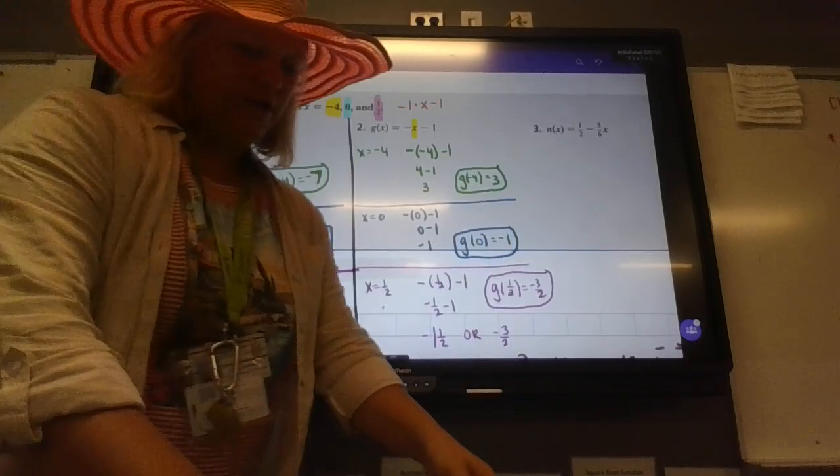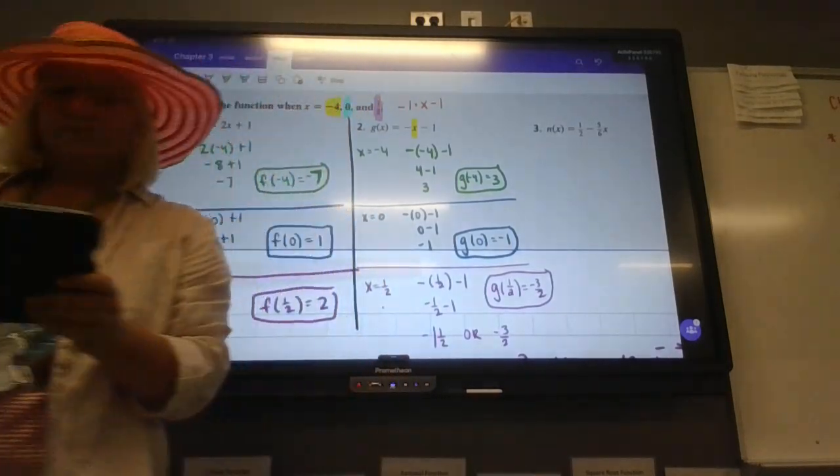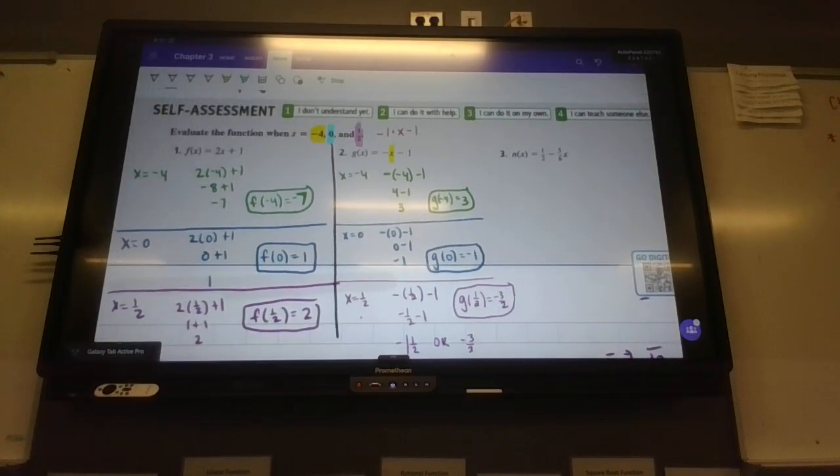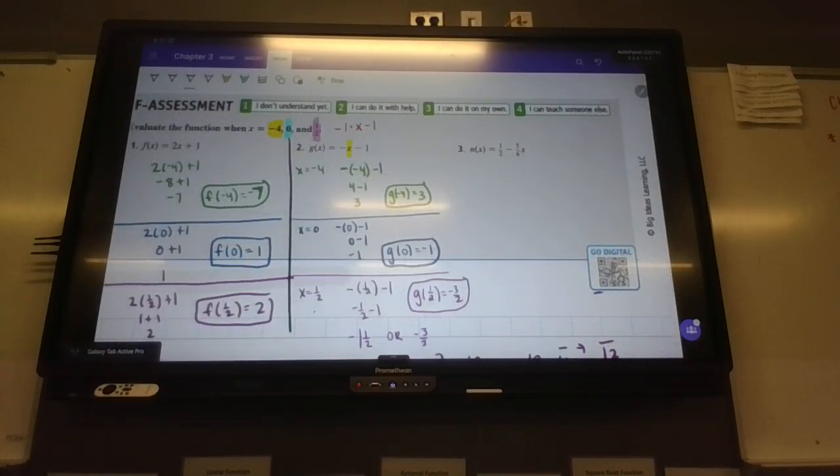All right, number 3. We definitely want that fraction button for this. This is all fractions. All right, so first we have to do -4. So 1/2 minus 5/6 times -4.